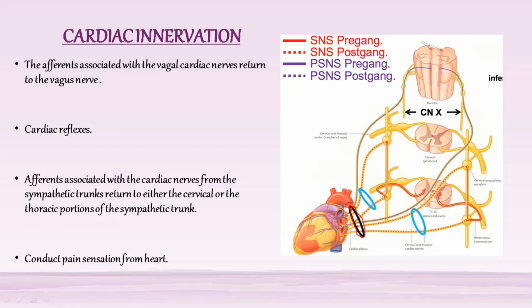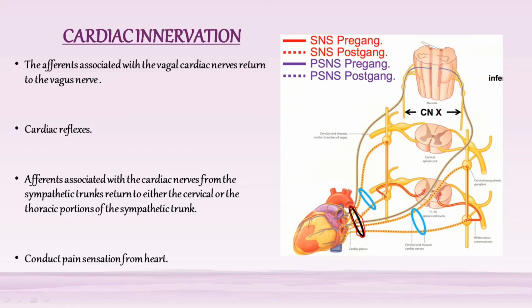So these visceral efferent fibers which reach the CNS through the cardiac nerves sense alteration in blood pressure and blood chemistry, and so they are mainly concerned with the cardiac reflexes.